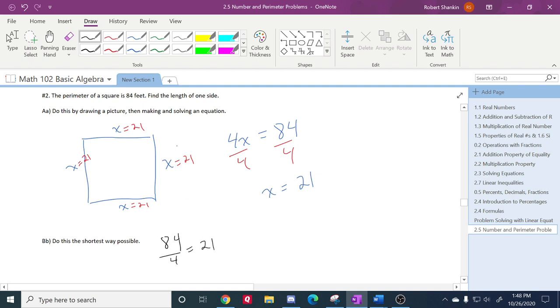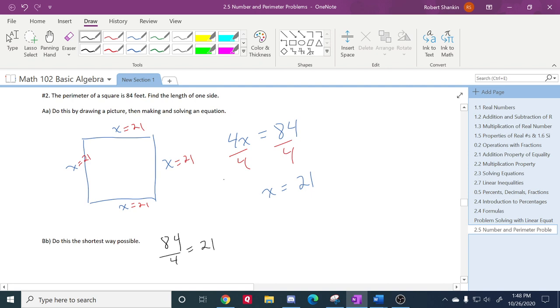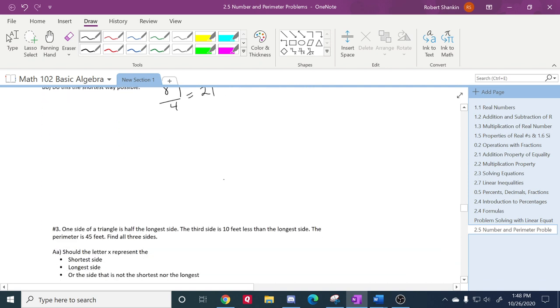And that's all we're doing, because all 4 pieces have to be the same length. So you could have done this problem without drawing the picture, without making the equation, but why am I pushing you in this direction? Because we're going to get harder problems. The picture and the equations will be really, really helpful as we get to the harder problems.